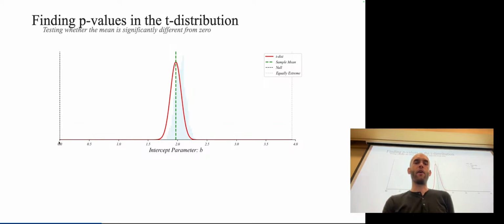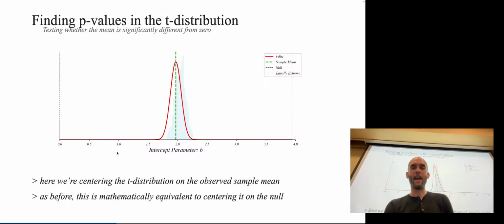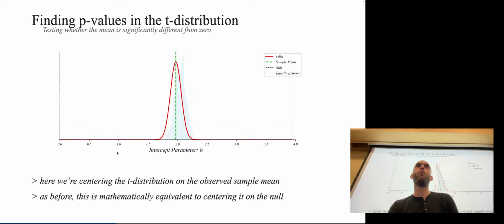And then we can find the area under the tails more extreme than 0, and then something equally extreme on the other side. And this is going to be 0. So this is how we perform t-tests. And everything we've just done drawing an intercept-only model is exactly equal to what we've done with t-tests.